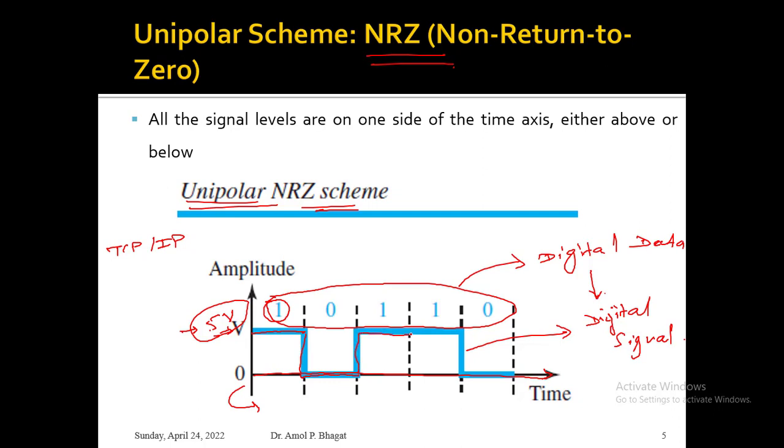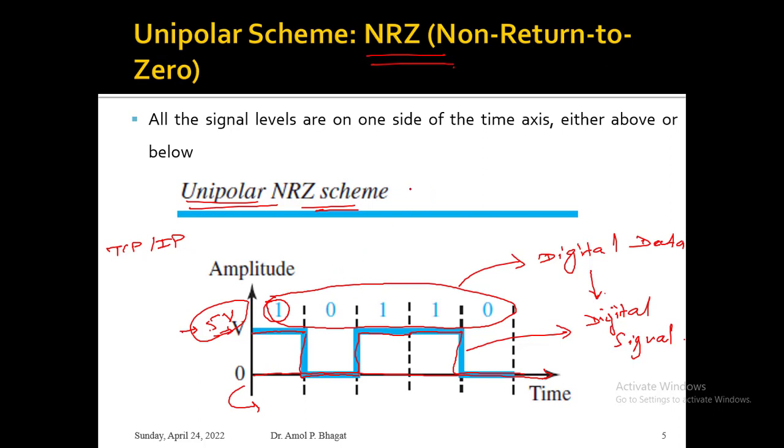Again 1 is represented with the 5 volt value, as well as the next one is represented with this 5 volt value, that is the higher volt value, and then again 0 is represented with the 0 voltage level, right? So you can even represent it alternatively, right? That is, one can be represented with the 0 voltage level, while 0 can be represented with the 5 voltage level, right? So this is the simple unipolar NRZ scheme.